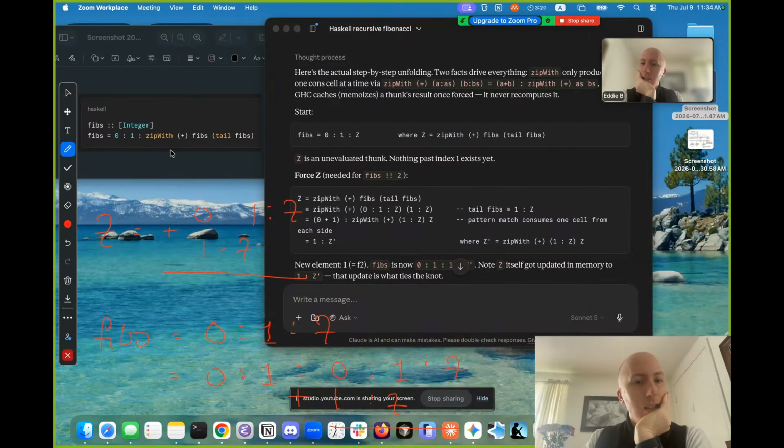Yeah, I guess it is. If you don't expand out Z, Z is equal to literally just fibs plus tail of fibs like this.